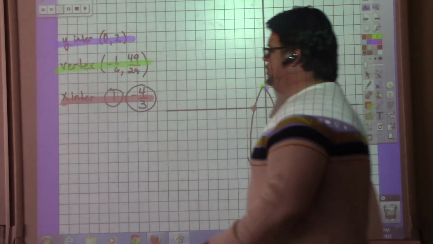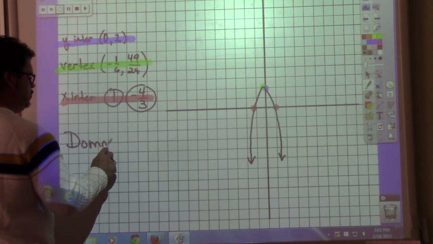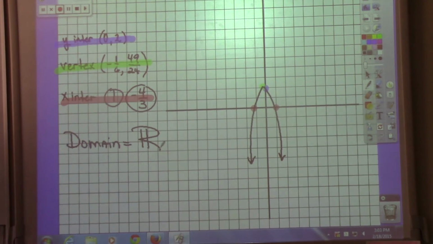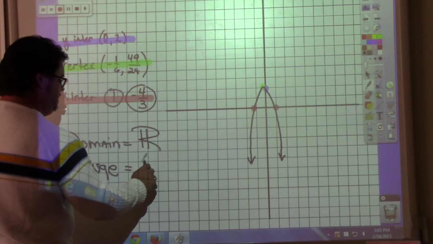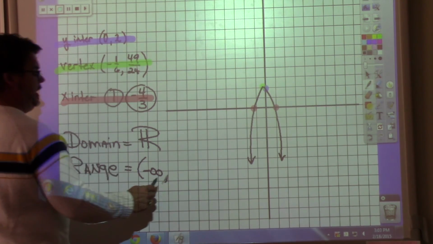So let's go ahead and do domain. Range is negative infinity to 49/24.